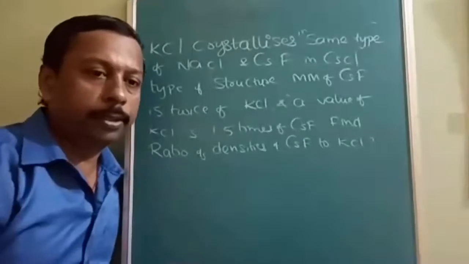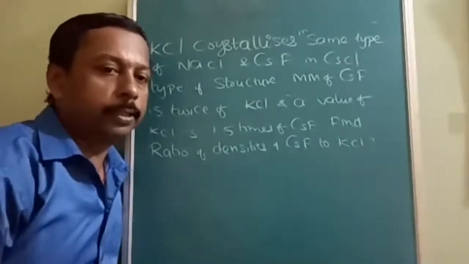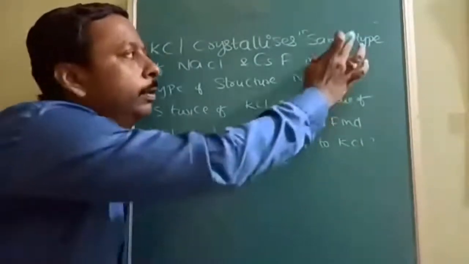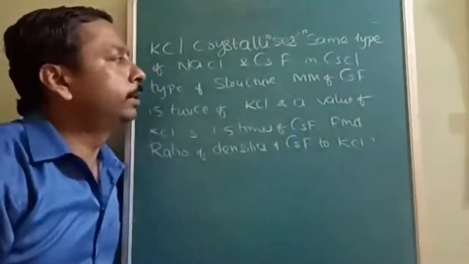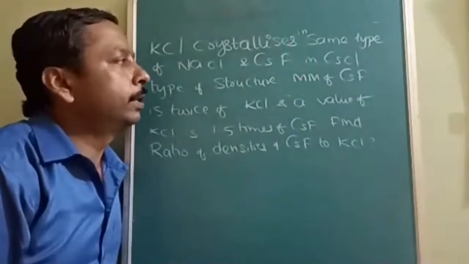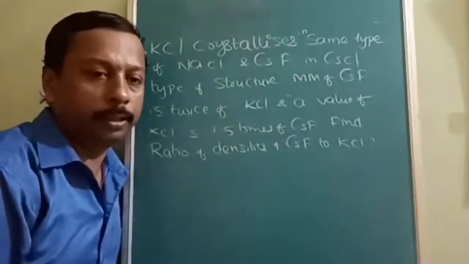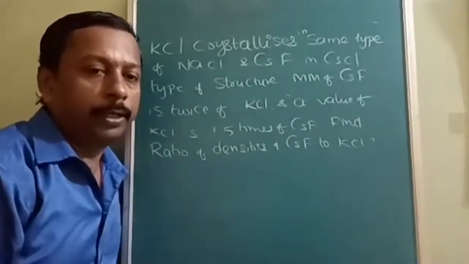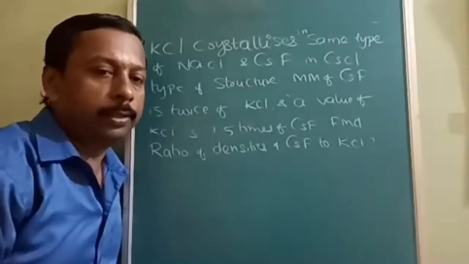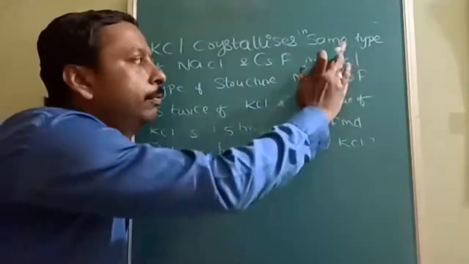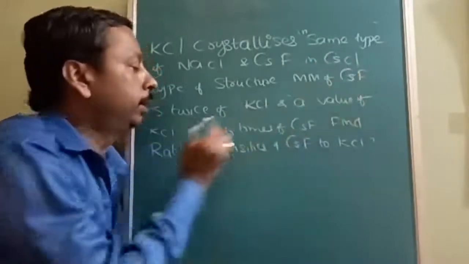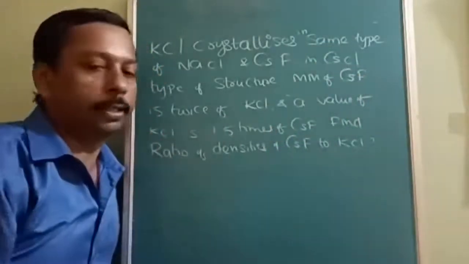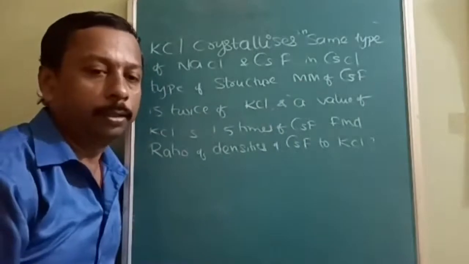Okay, next question. KCl crystallizes in the same type as NaCl, and CsF crystallizes in the same type as CsCl. But there is some variation. What is that variation? The molecular mass of cesium fluoride is twice that of potassium chloride.